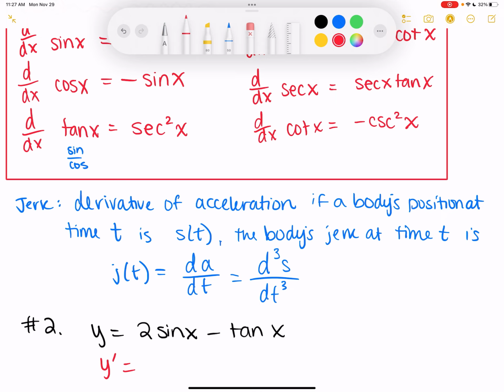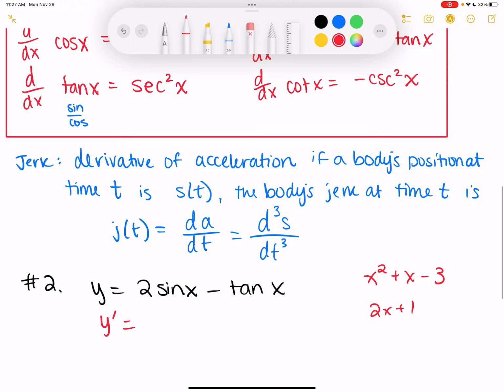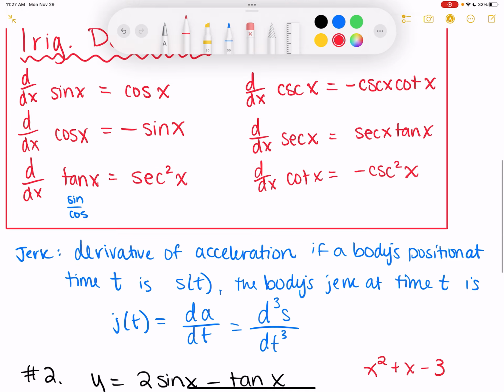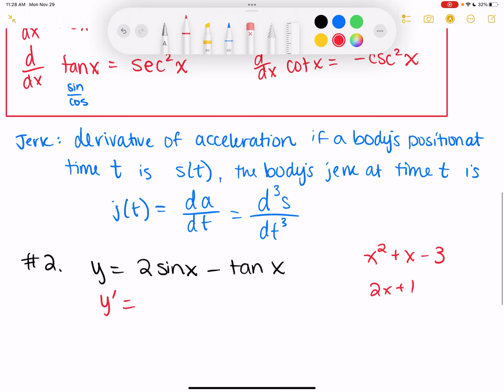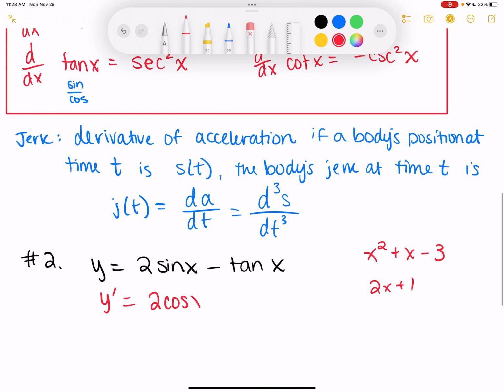With your other ones, if I gave you something like x squared plus x minus 3, the derivative would be 2x plus 1. We do stuff with the exponents, and the numbers in front get multiplied. With trig functions, the number that's with it just moves down with it. So the derivative of sine is cosine, so that's just going to be 2 cosine of x.